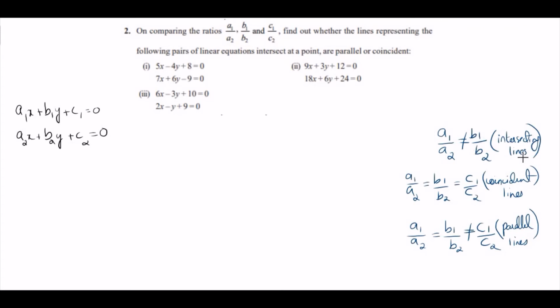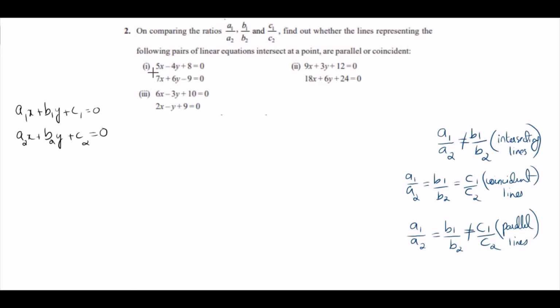That is a unique solution. And if a1 by a2 is equal to b1 by b2 is equal to c1 by c2, then you will get coincident lines. That is infinite solutions. And a1 by a2 is equal to b1 by b2 not equal to c1 by c2, then you get parallel lines. That is, there will be no solution.